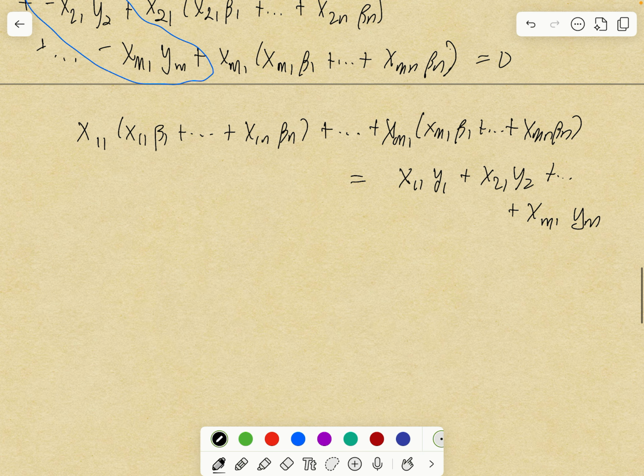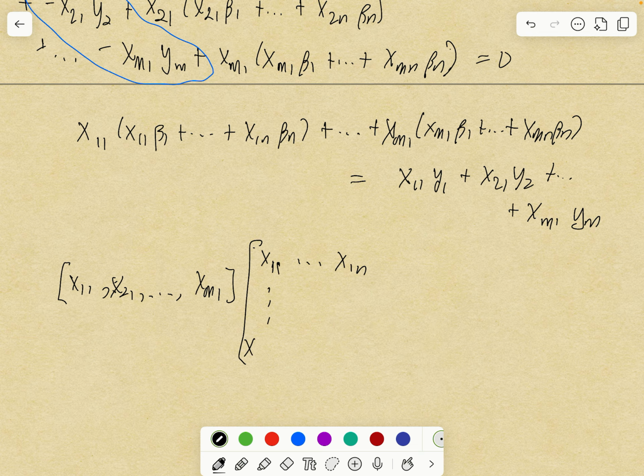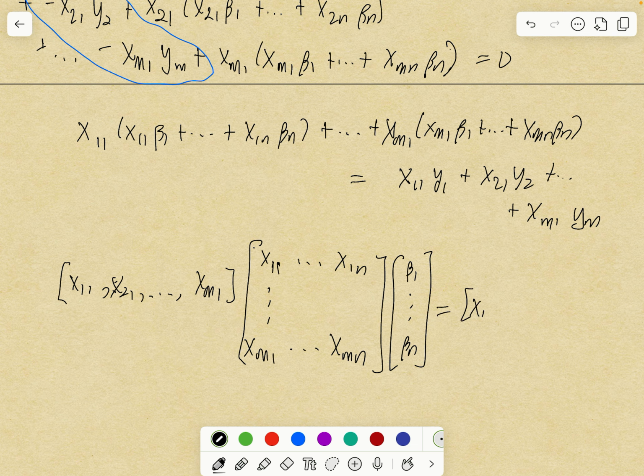Now this I can rewrite as, if I take this vector x11, x21 to xm1, times this matrix A times beta 1 to beta n equals x11 to xm1 times y1 to ym.